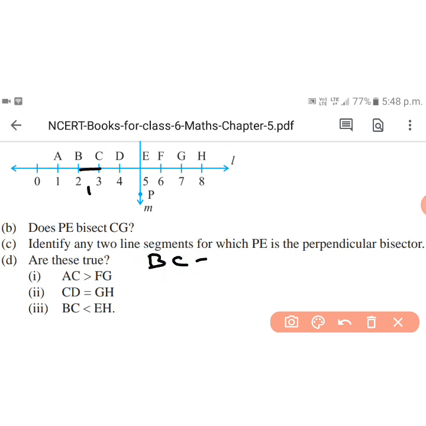EH equal to EF plus FG plus GH. So 1 plus 1 plus 1. Total 3. So BC is lesser than EH. 1 is less than 3. So the statement is true.